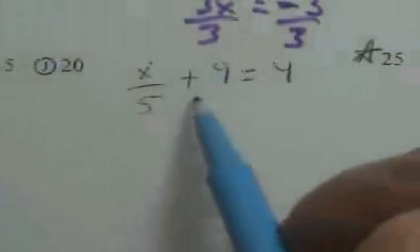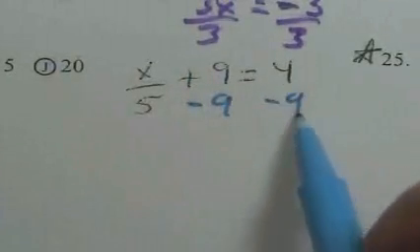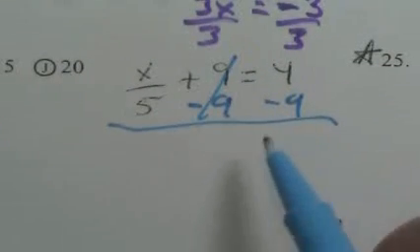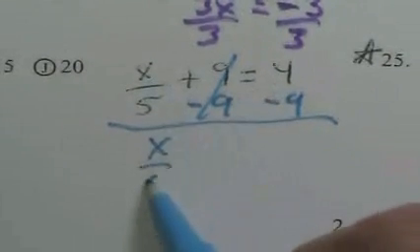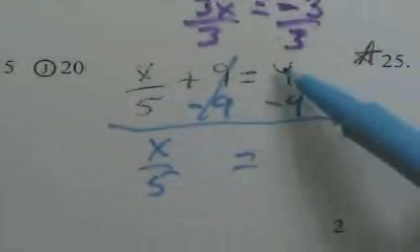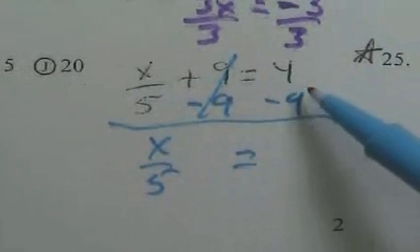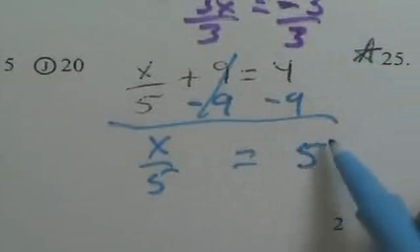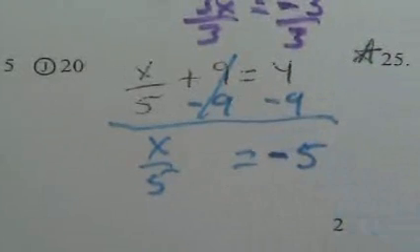Number 22, I want to subtract 9. That's gone. And this gives me x over 5. 4 minus 9. Well, they're different signs, so I subtract. 9 take away 4 is 5. There's more negative, so it's negative 5.